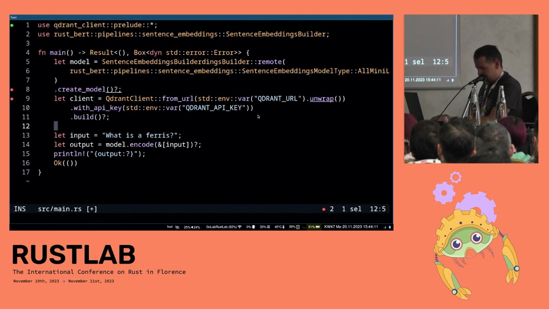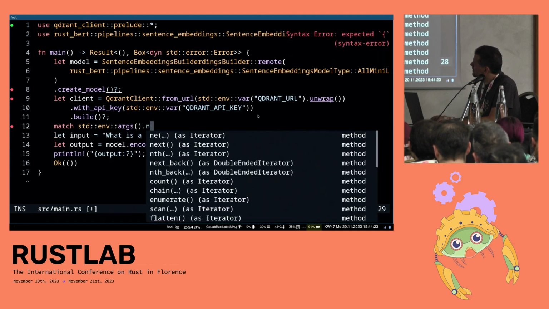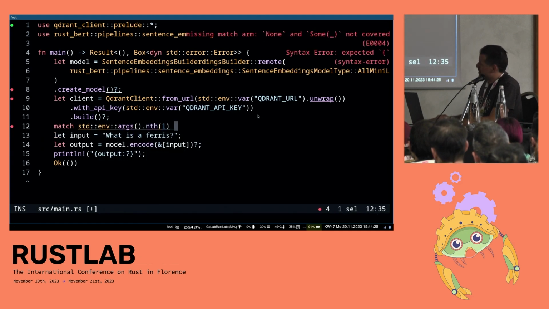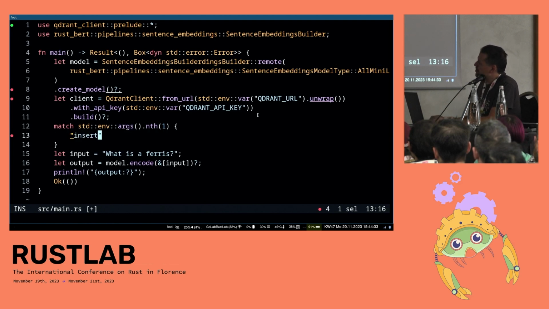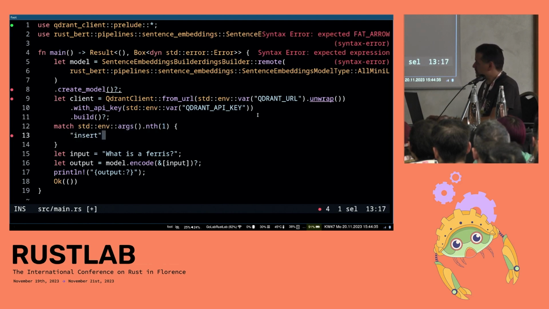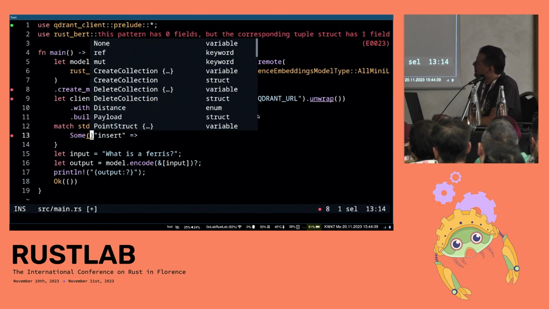Okay, so now we have a client. We should look at what we're given. So the way I want to do it is I look at the first argument, and first, so we can search something, we must have something. So let's first implement insert. Obviously, some insert.